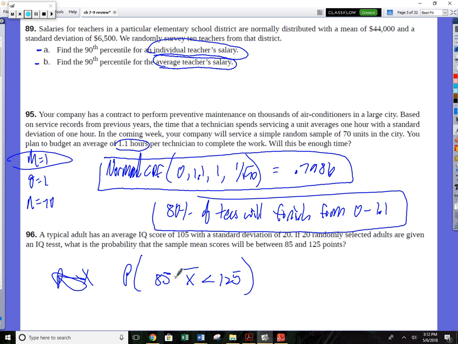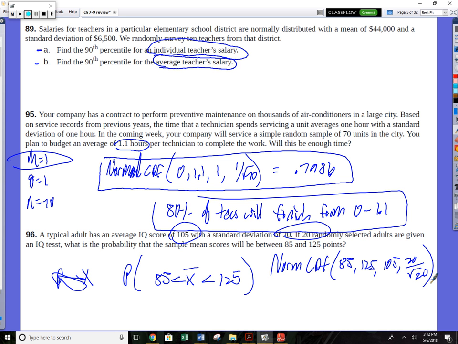So it's going to be less than 125, greater than 85. So here we go. That is a normal CDF. The range is 85 to 125. The mean, 105. And your standard deviation, you're going to use 20 divided by square root of 20. 20 randomly selected, 20 divided by square root of 20.